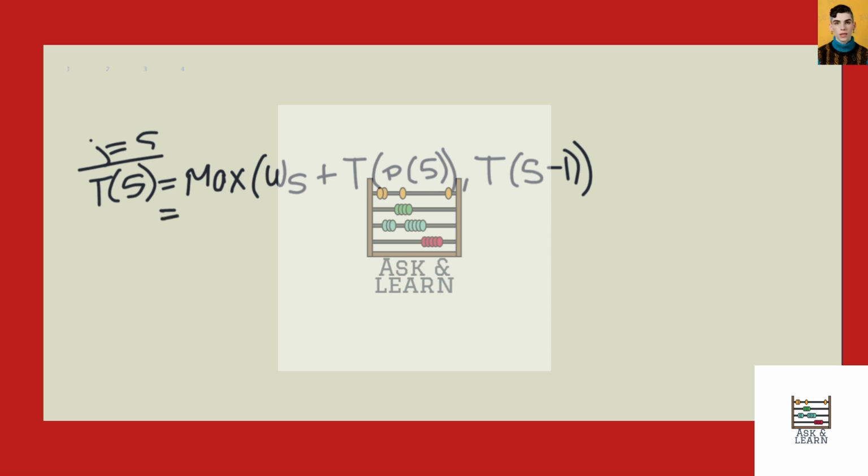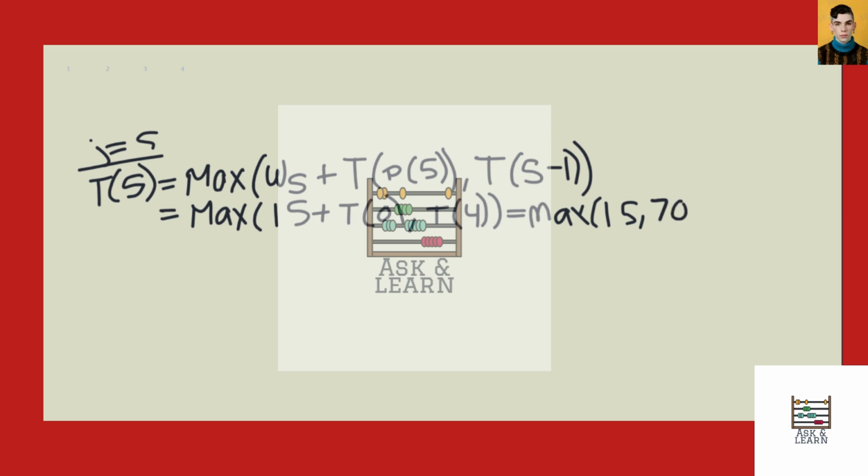Okay, so this will give us a maximum of 15 people in lecture 5, plus there was no compatible earlier lectures. So this is going to be the max of 15 or 70. Okay, so that's going to be 70.